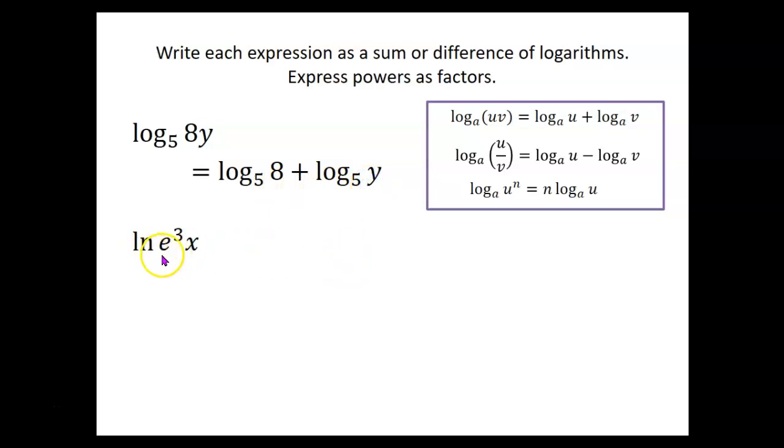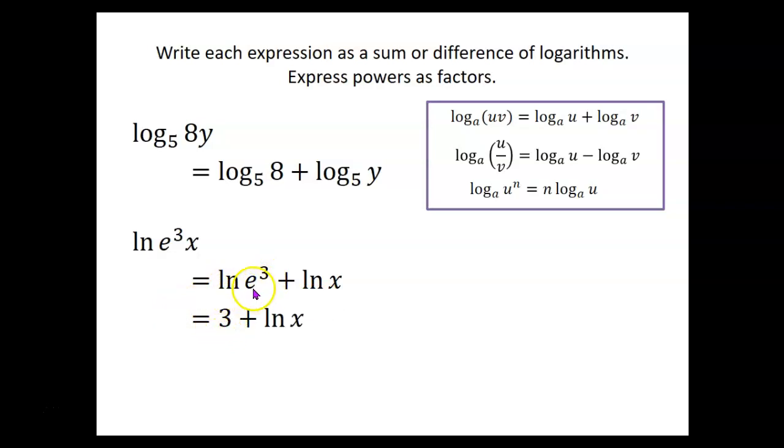How about this? The ln of e cubed x. Well, this is another one where we have the log of two things multiplied together. So we can break this up into the ln of e to the 3 power plus the ln of x. And now the ln of e to the 3 power is just 3.